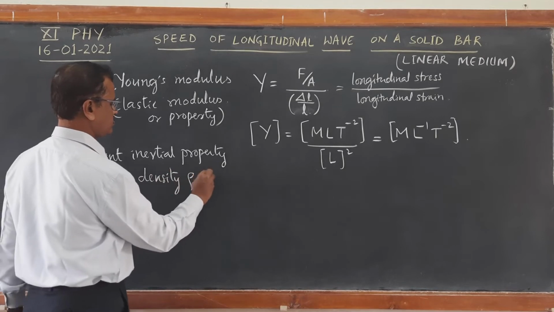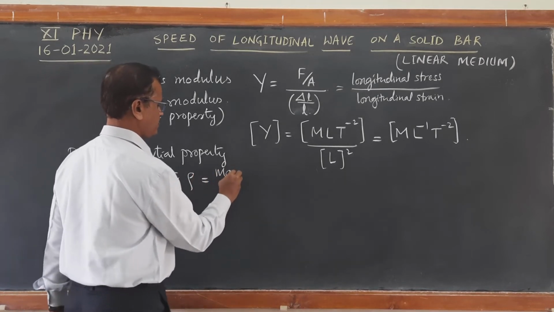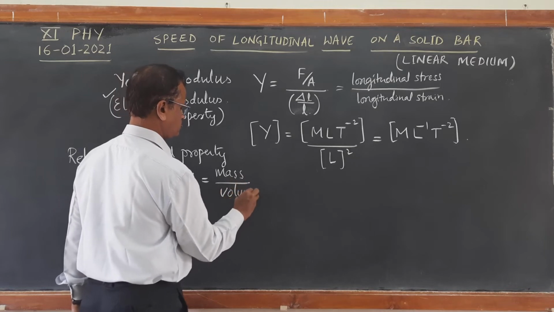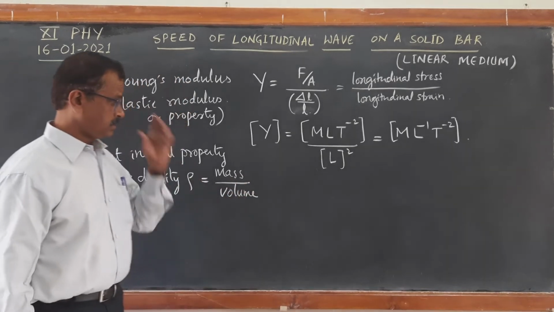Mass density rho is equal to mass per unit volume, right?